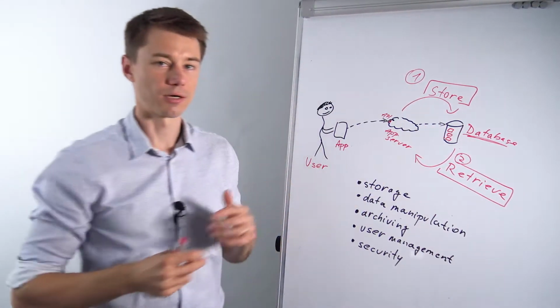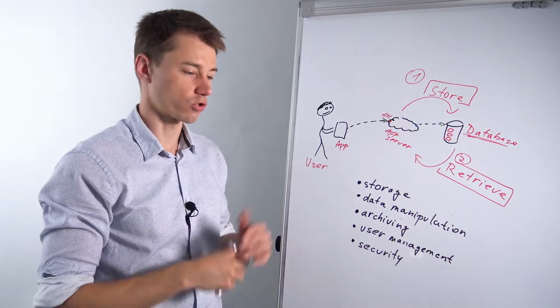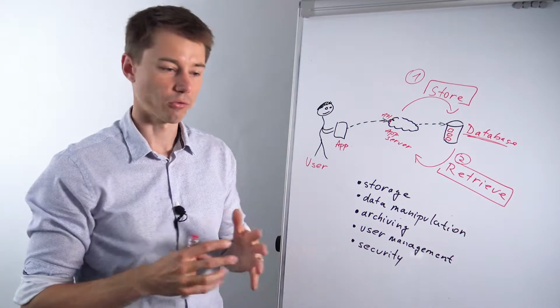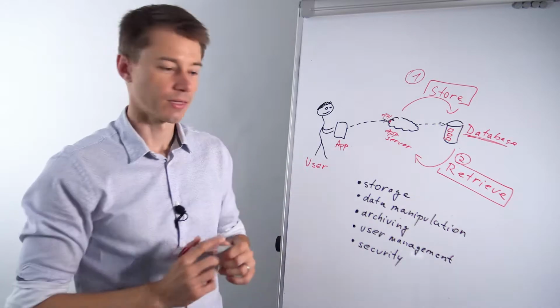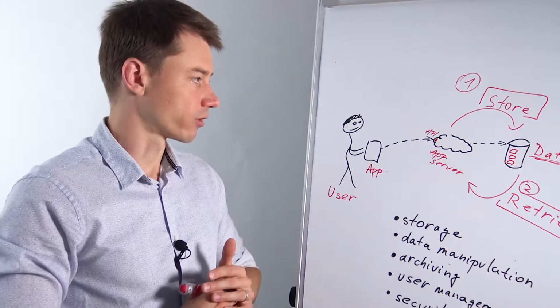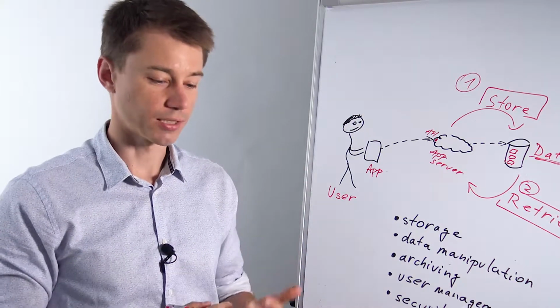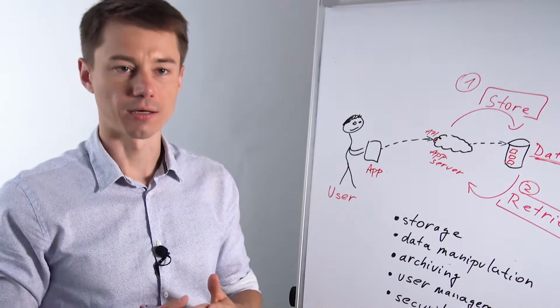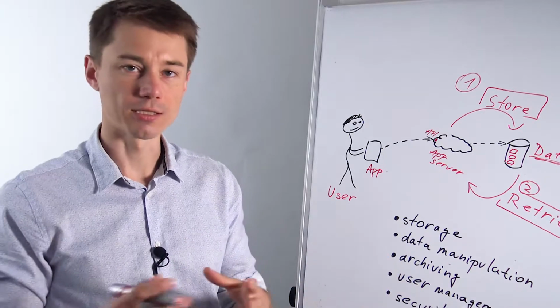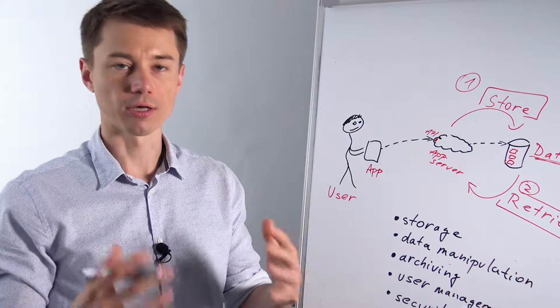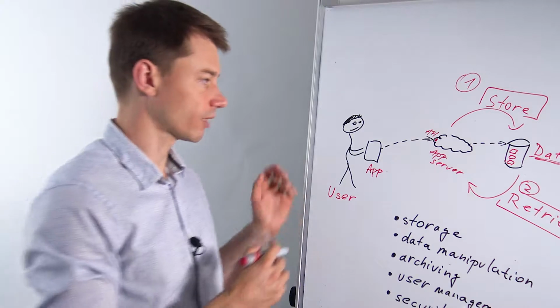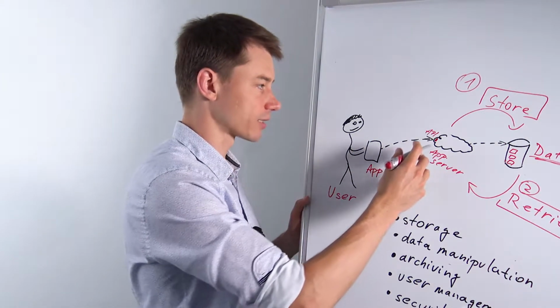You can store log files, transaction data, information about products, all sorts of information. There are more and more data stored every day because of all these devices, Internet of Things. Every company collects more and more data as days pass.